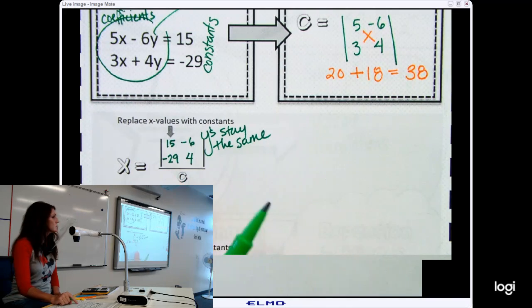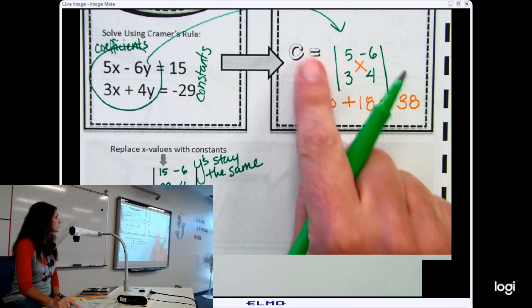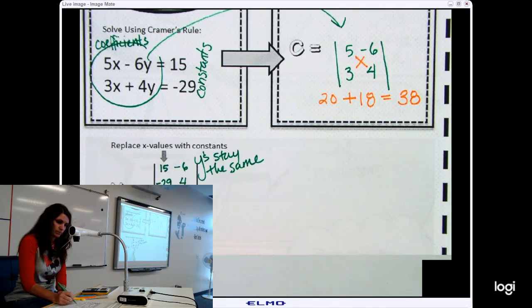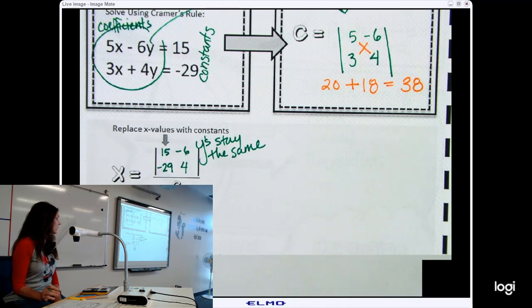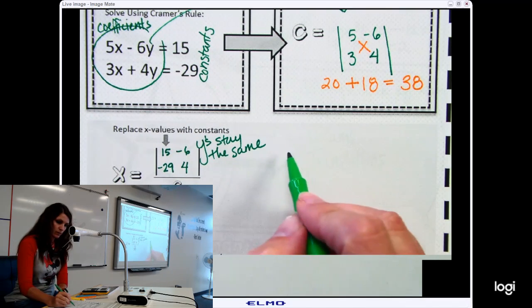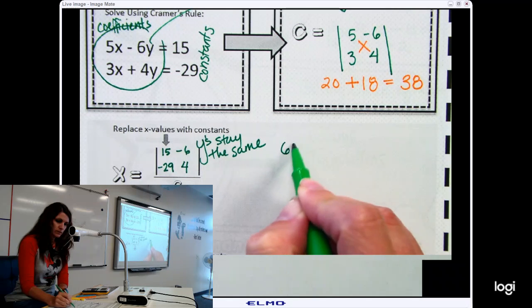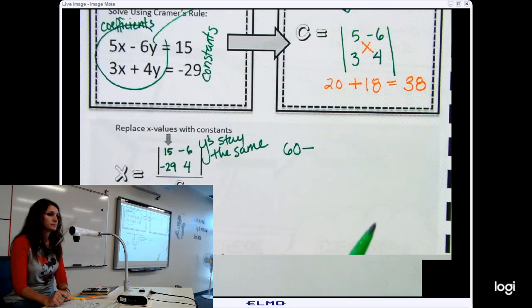And that says over the value of C. C was our coefficient matrix. And what did we get? 38. All right, let's evaluate this determinant. 15 times 4 is what? 60 minus, somebody do 29 times 6 for me.